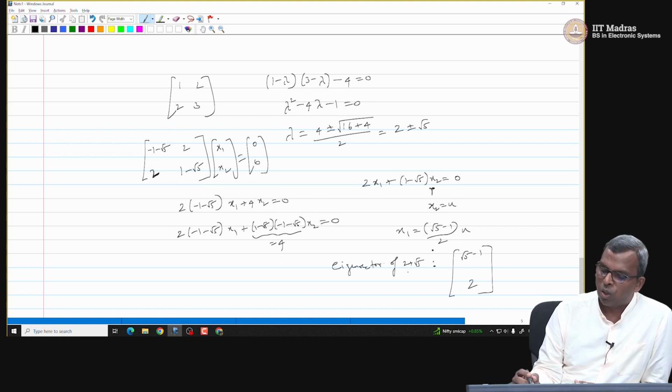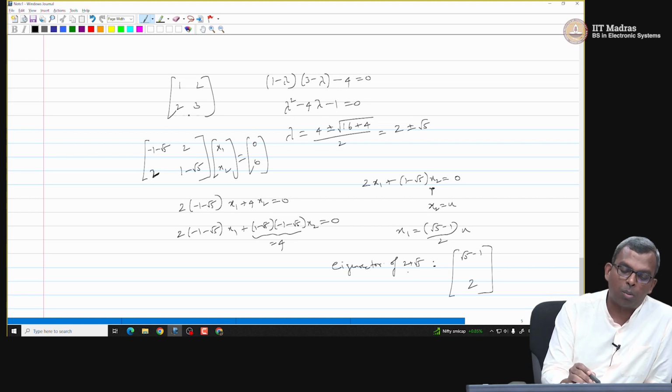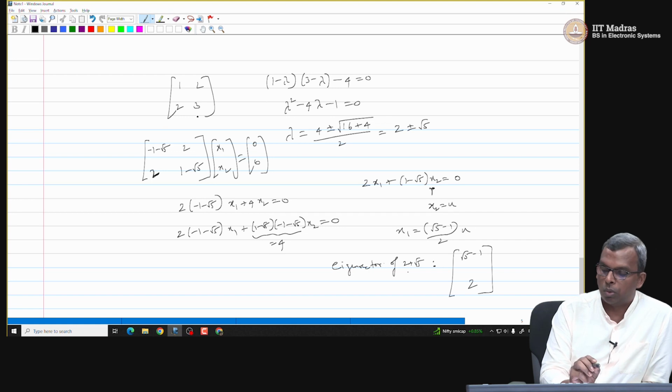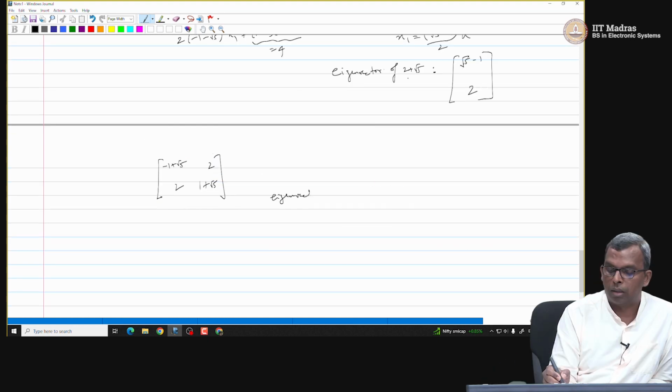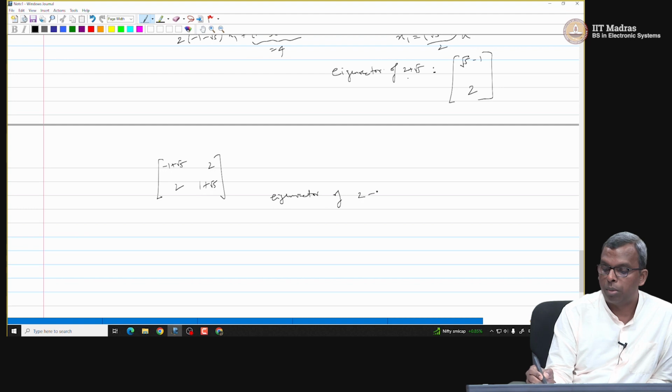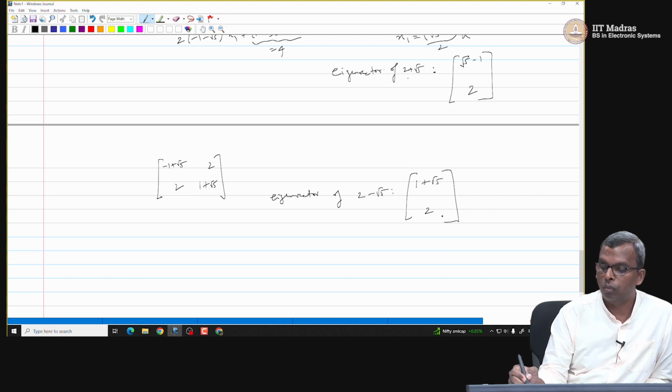Okay. So, you can also find the eigenvector for eigenvalue 2 minus root 5 and then go to an orthonormal basis here. So, the question asks you for something like that, but maybe I will do it. For 2 minus root 5, I can put x2 equals 2, I would get x1 as 1 plus root 5. Okay.